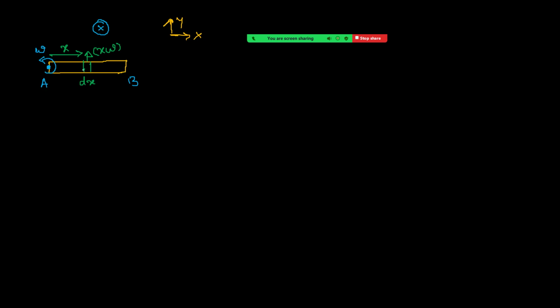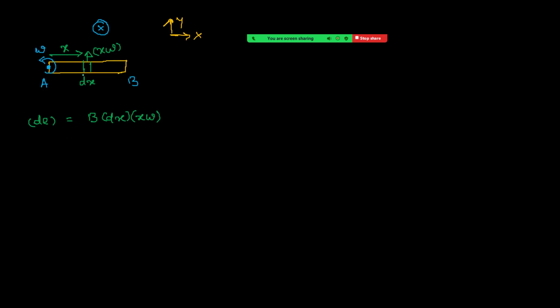Across this element, the EMF induced is given by dE equal to B times its length dx times v, and v is x omega. This is the EMF induced across the ends of that element.